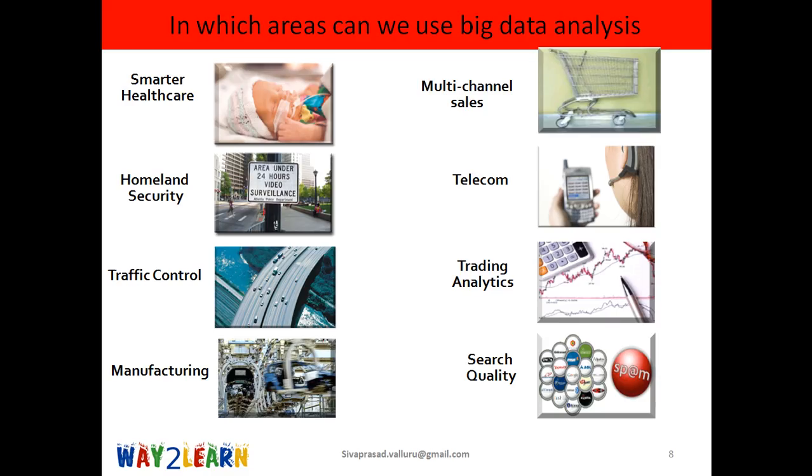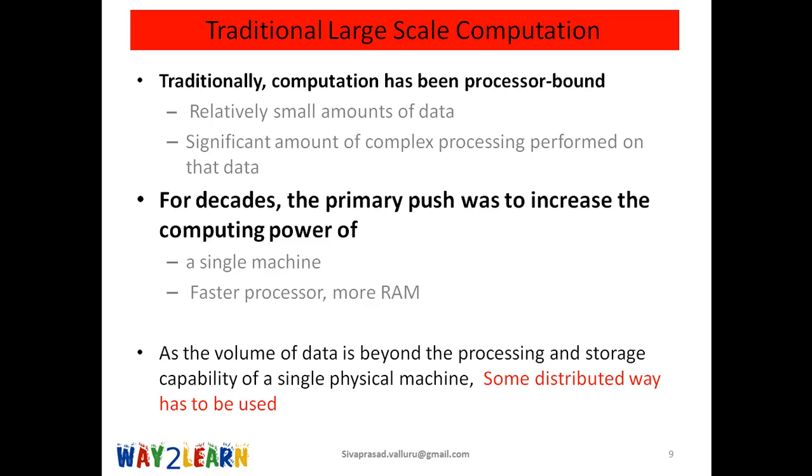You might wonder, in which areas is big data used? Big data is used in almost all areas like healthcare, security, traffic control, manufacturing, sales, telecom, trading analytics, and search quality. These are all the areas in which big data analysis is useful.